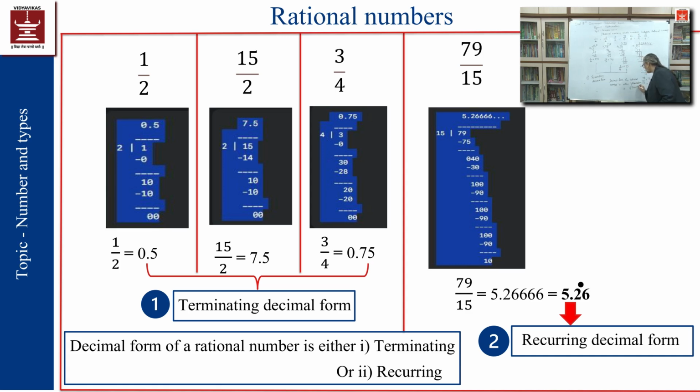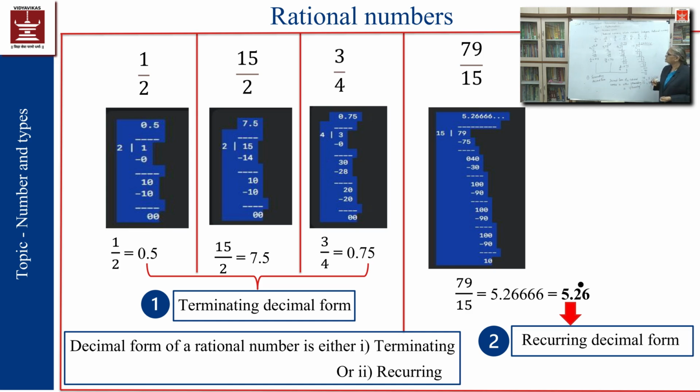I hope you have understood the meaning of recurring: appearing over and over again. Either a single digit or two digits, or a group of digits reappears in the quotient. That means after a certain stage, we get the same remainders.